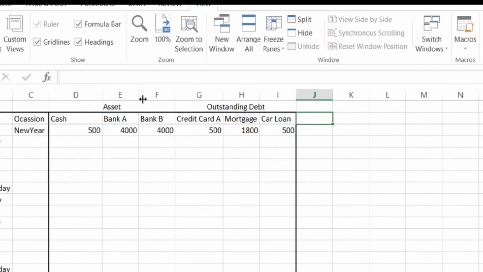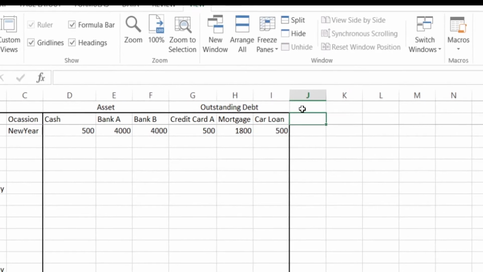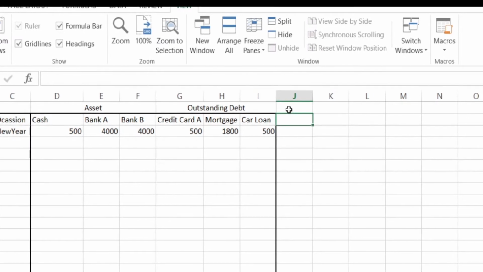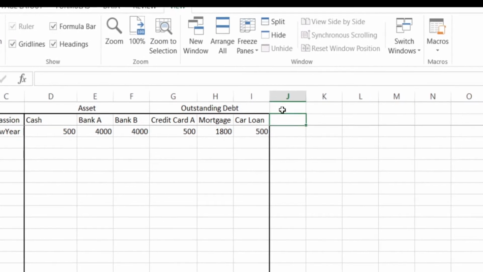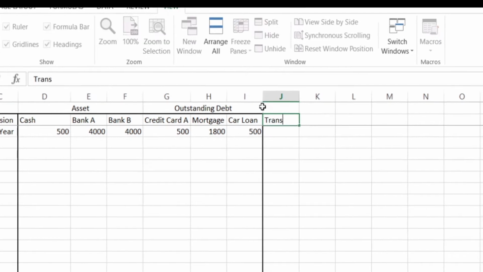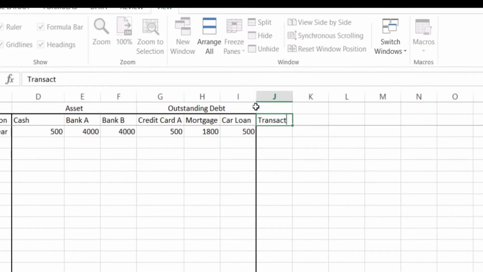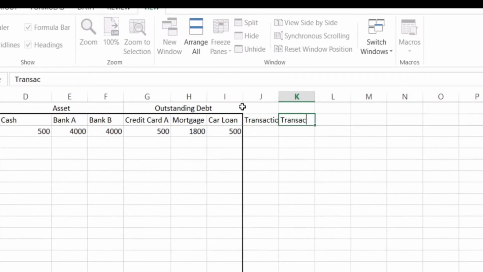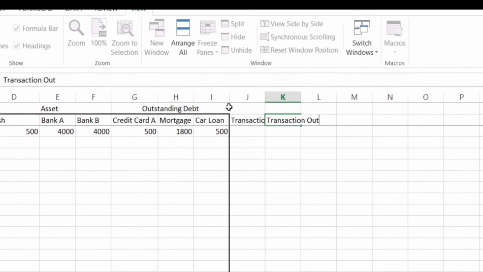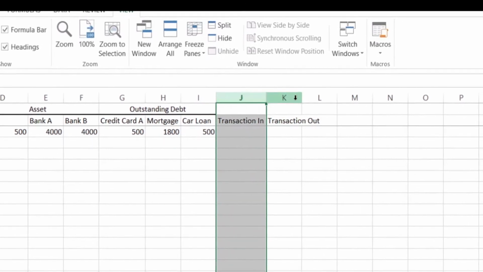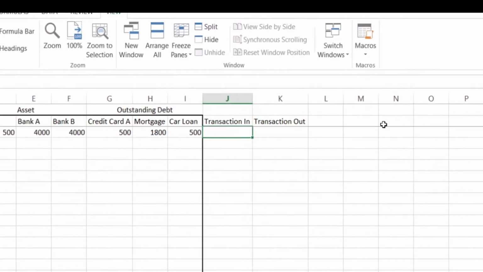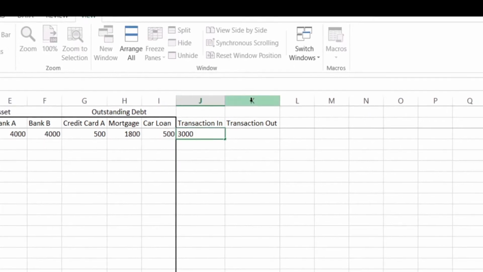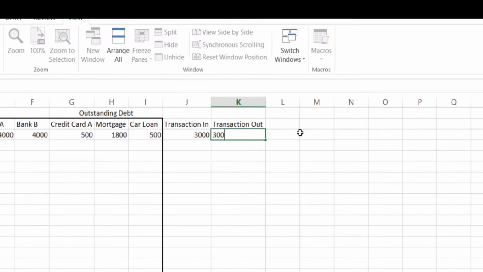Okay, then after finishing this, what you need is basically what you spend on that day. So you need to have your transaction in, then transaction out. For example, I earn a salary today of around 3k, but I spent today on groceries around 300.